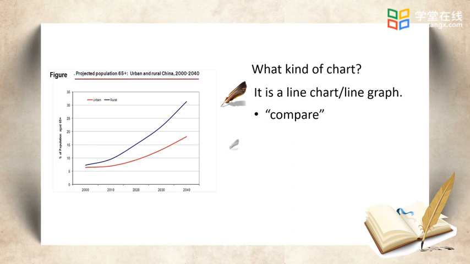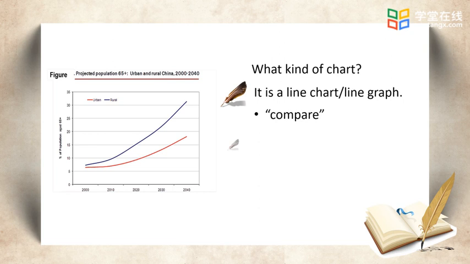It says, projected population aged over 65, urban and rural China, 2000 to 2040. So we can be sure that this chart shows the projected population aged over 65 in urban and rural China. Do not forget the time, 2000 to 2040.